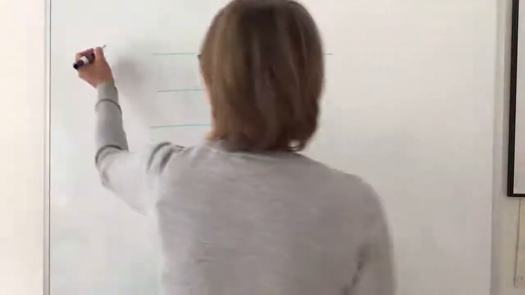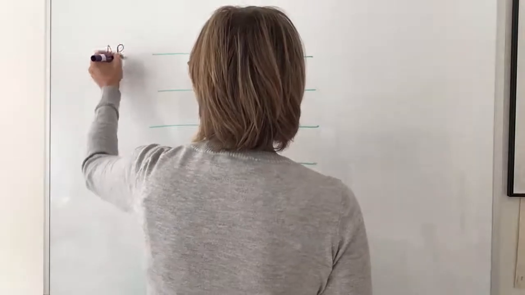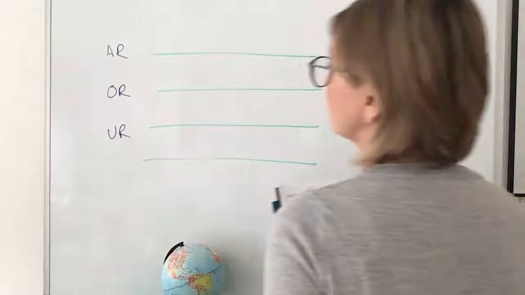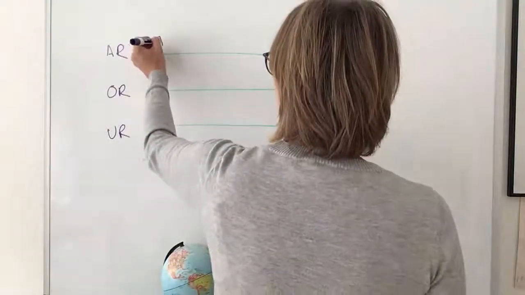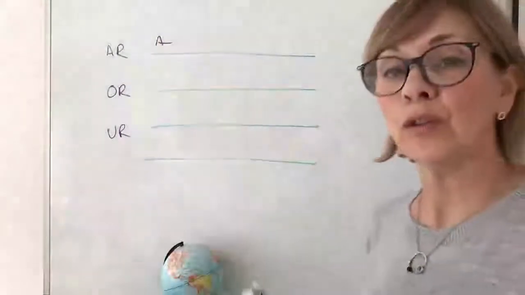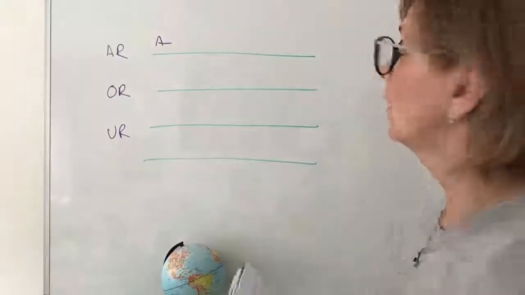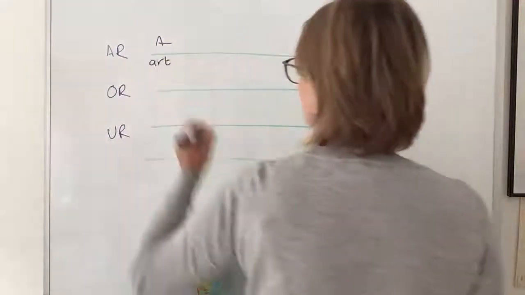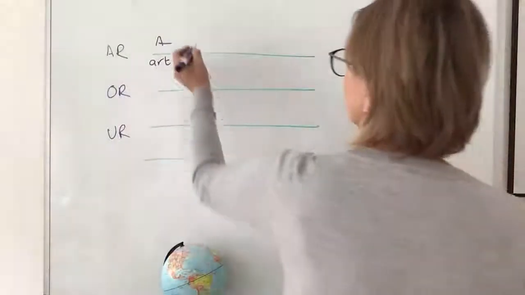So which vowels can you do it for? A, O and U. Full vowel, has to be a full vowel. A with the R missing and T through is art.